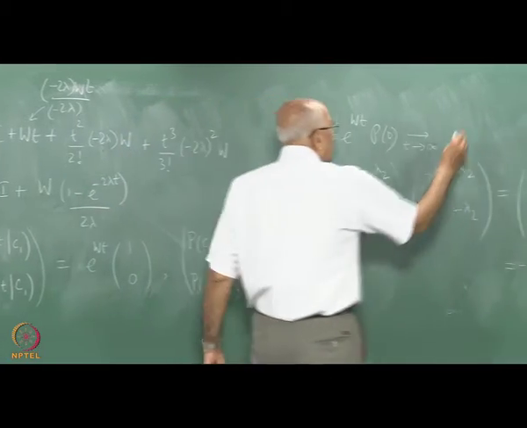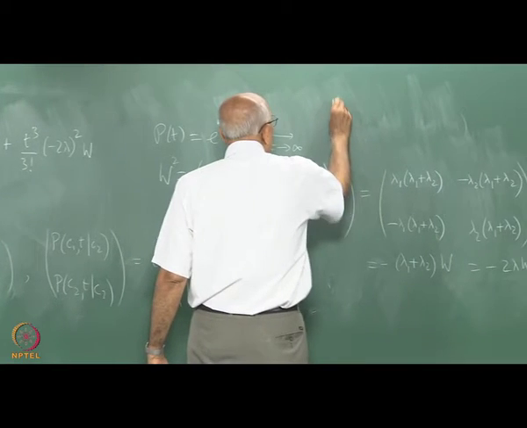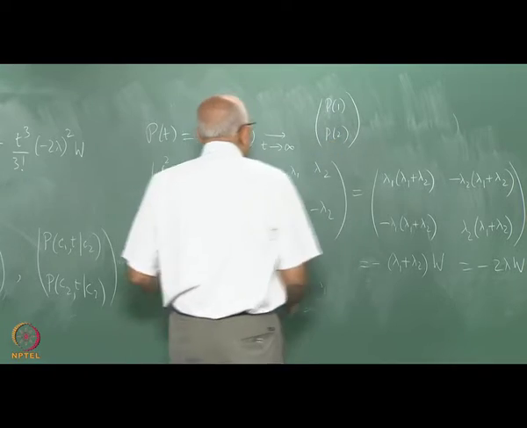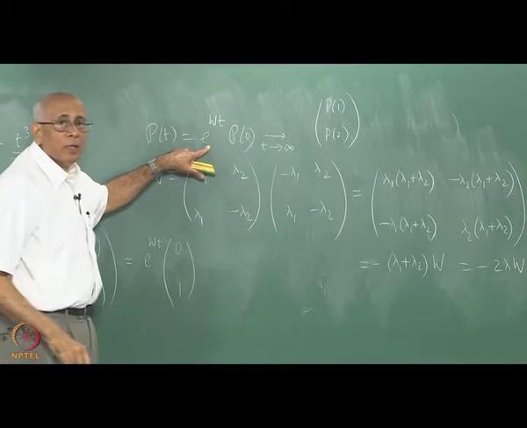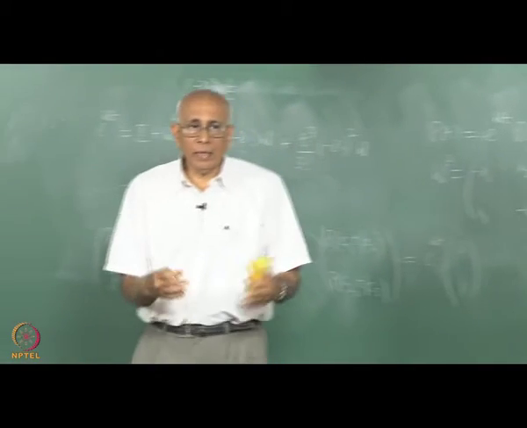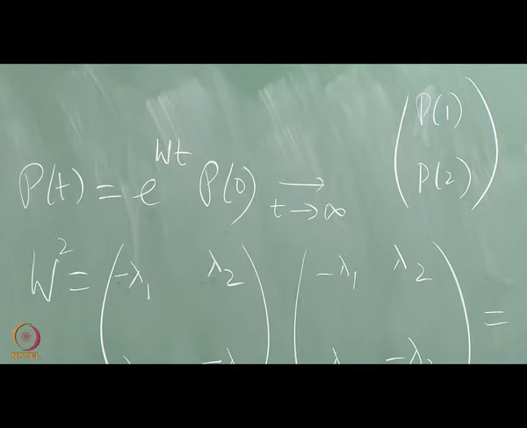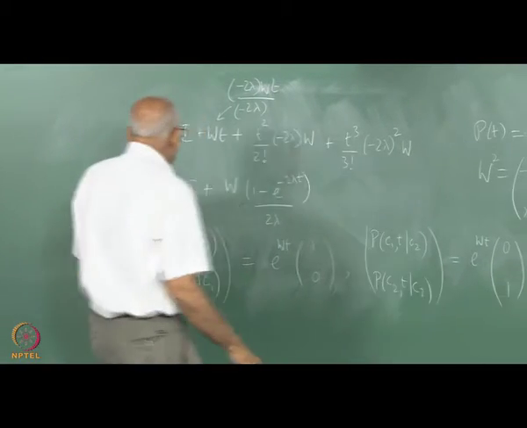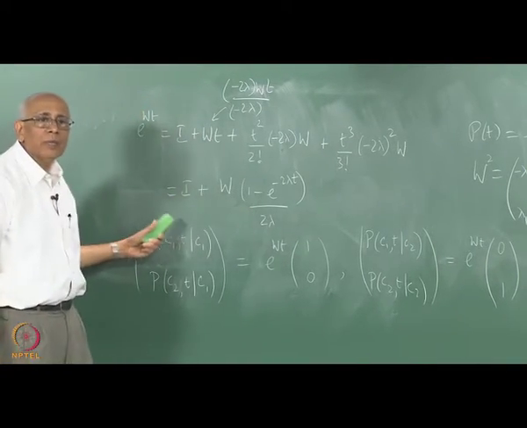So P1, P2 should be the limit of e to the wt on the initial state, whatever that state is, whether it is in 1 or 2, we do not care. Now what is the limit of e to the wt? You can read it off from here.